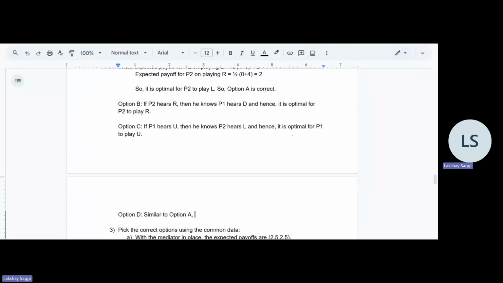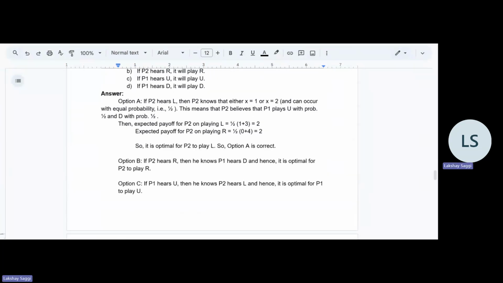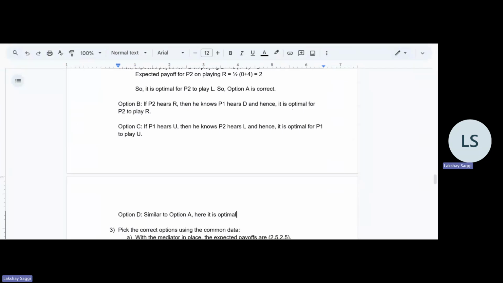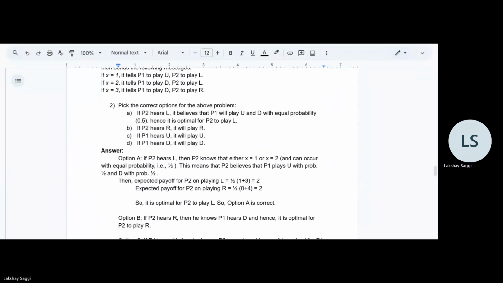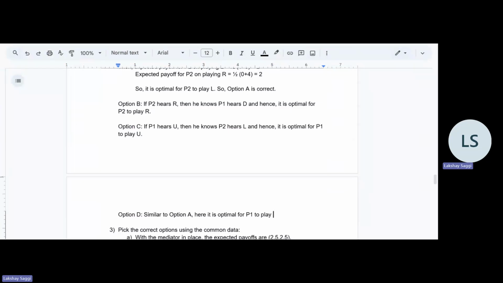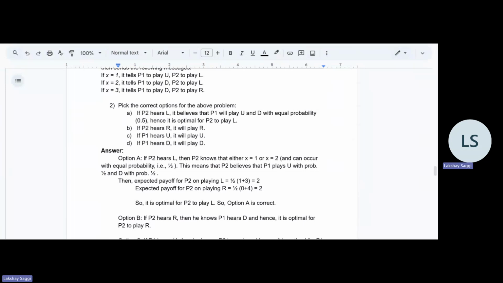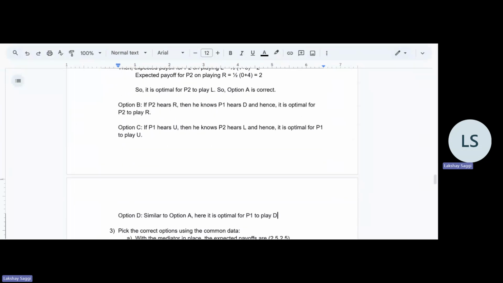Okay, so similar to option A, here it is optimal for P1 to play D. Actually it was optimal for P1 to play any other strategy also, but let's just say he chooses to follow.